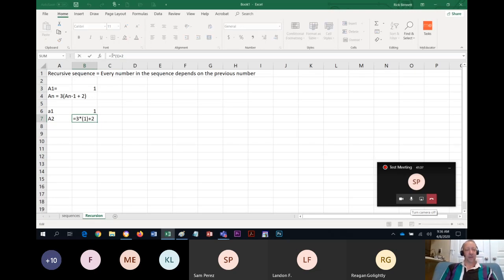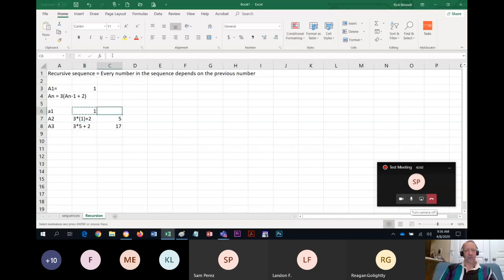I don't want it to do that, though. I want to leave the formula there. Okay? So that's going to be 5. Now, if we do a sub 3, a sub 3 is going to be 3 times a sub 2, and since a sub 2 is 5, then I'm going to add 2. So 3 times 5 is 15, plus 2 is 17.